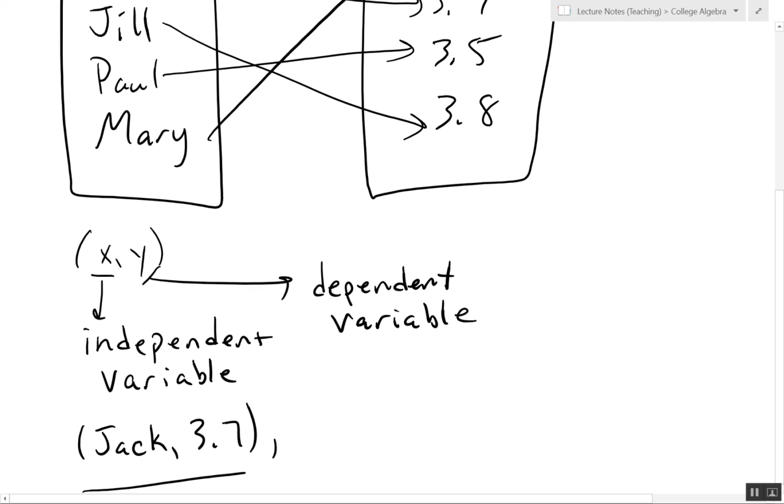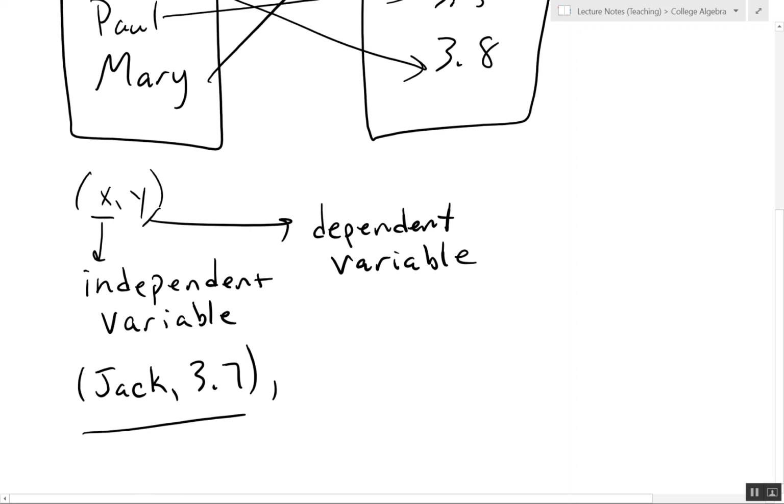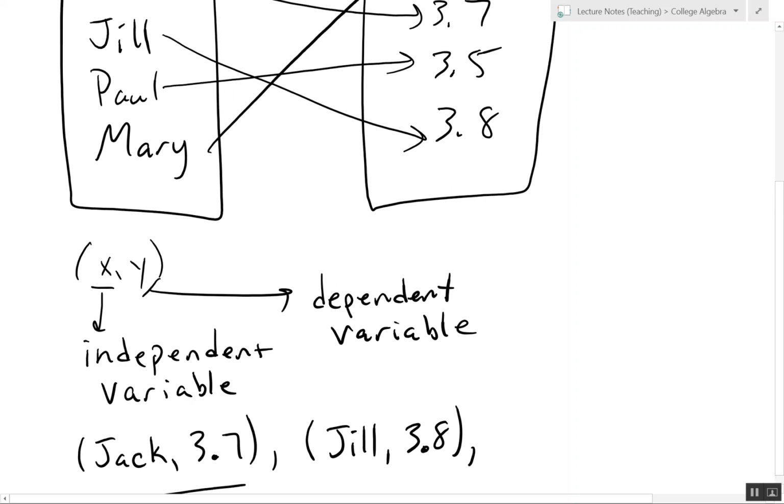Now we want to do another ordered pair. Well, the next person on our list is Jill, and Jill got a 3.8. So we're going to use round parentheses, write Jill, comma, 3.8, and close the parentheses. And since there are more people on our list, we're going to put another comma outside. The next person on our list is Paul.